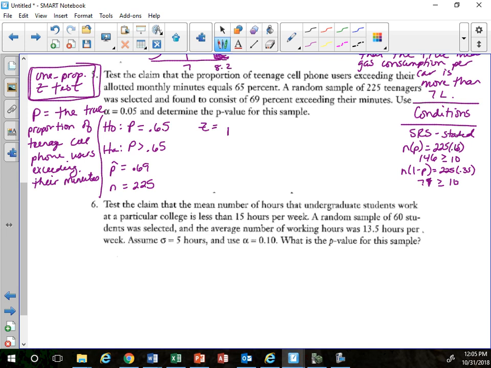Your formula is P hat minus P over the square root of P times 1 minus P over N. You can certainly do that by hand. If you want to do it in your calculator, that's fine. Let's go back to what that looks like and what you'd pick.